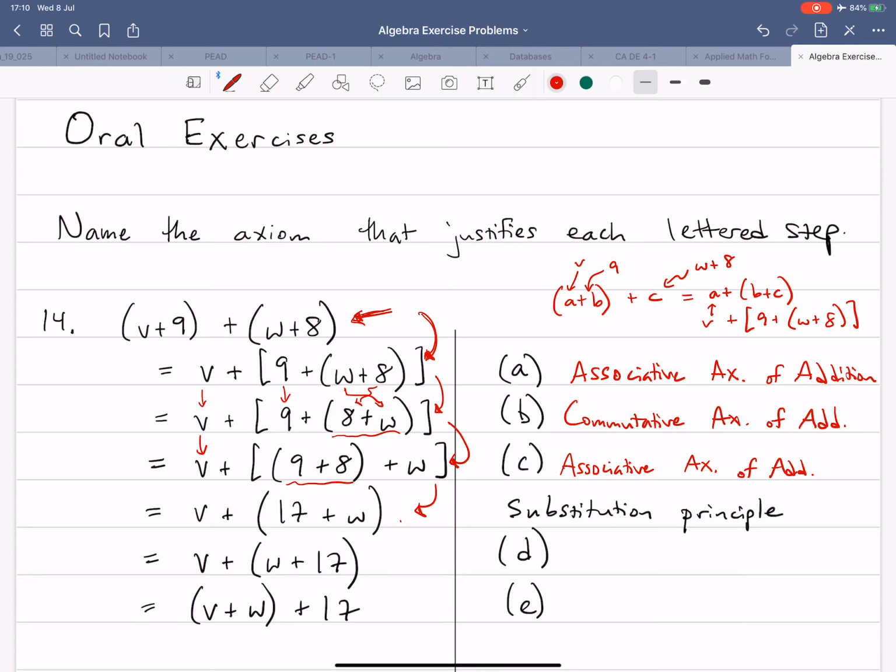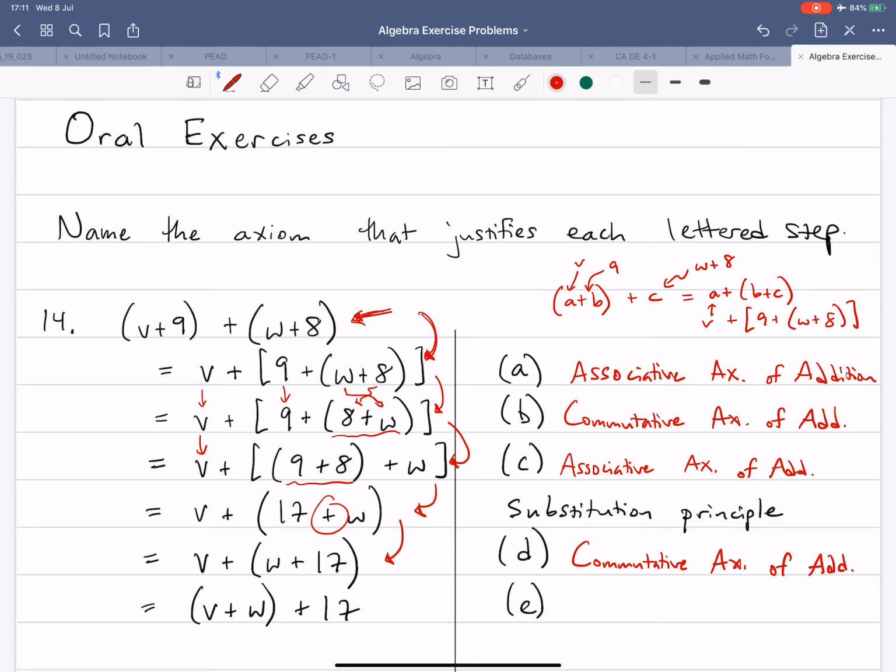Okay, now when we go down to this next step, the thing which changed is the order of the terms in this sum here, right? Instead of 17 plus W, we've got W plus 17. So when we talk about changing the order, then we're talking about the commutative axiom of addition.